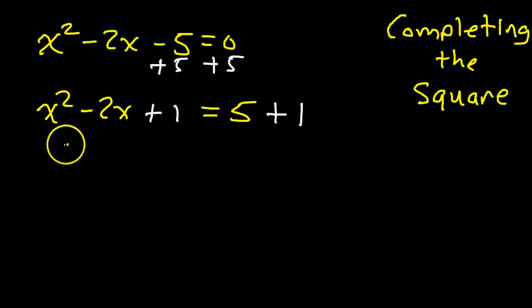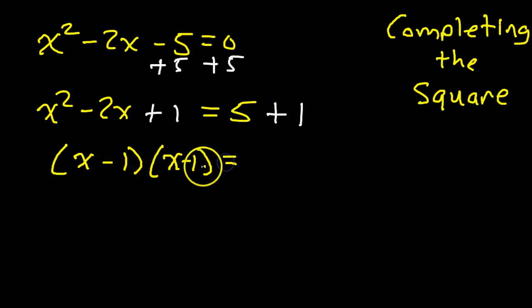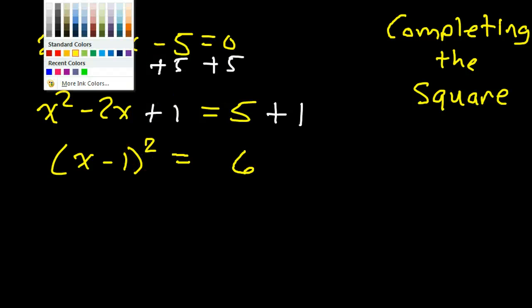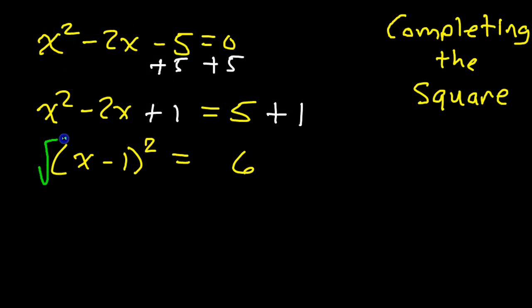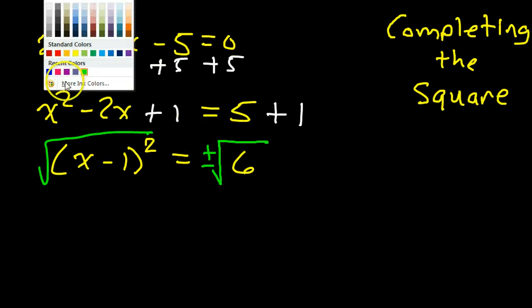This is going to factor as x minus 1 times x minus 1. But the whole point is to write this as x minus 1 squared, so I'll do that, and that's equal to 6. I can unsquare this by taking the square root of both sides. Gotta be sure to remember to put a plus or minus on it.